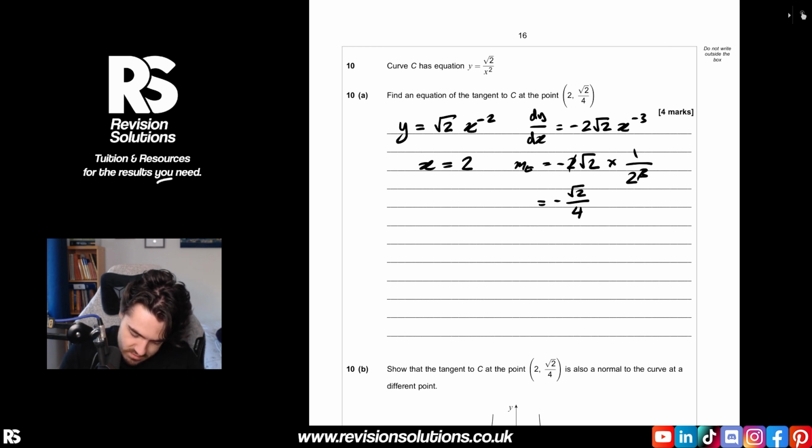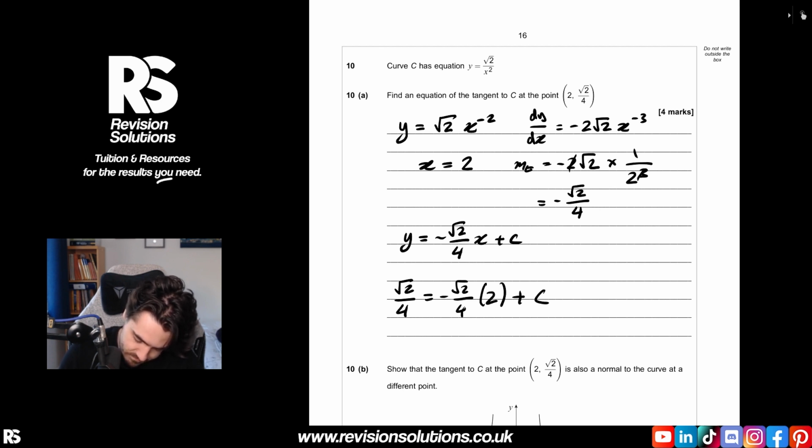So our tangent equation must look like y equals minus root 2 over 4 x plus c. And then to find our c, we can plug in our point 2, root 2 over 4. So that would give us root 2 over 4 equals minus root 2 over 4 times 2 plus c.